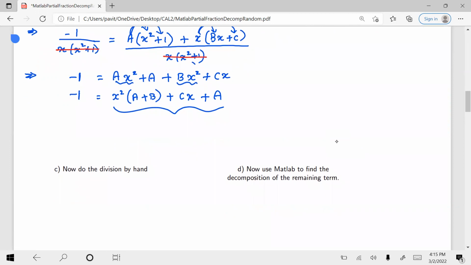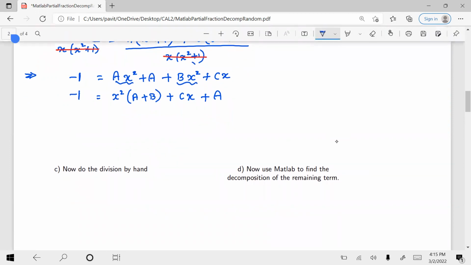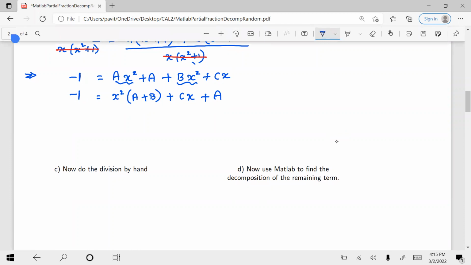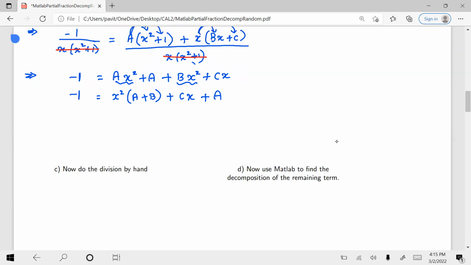Okay. So I simplified this, but the problem is I have only one term on the other side. Somehow I have to find a, b, c. How can I find that? Whenever I say x square, on the other side also, you must have the same x square term.